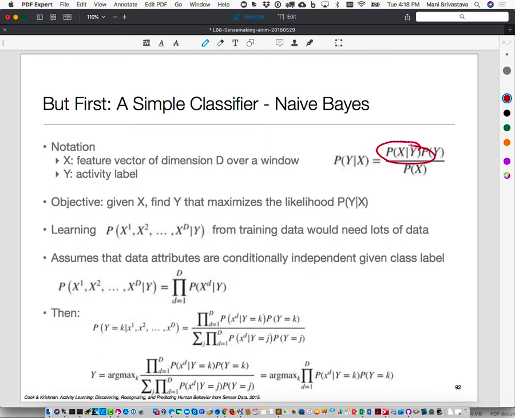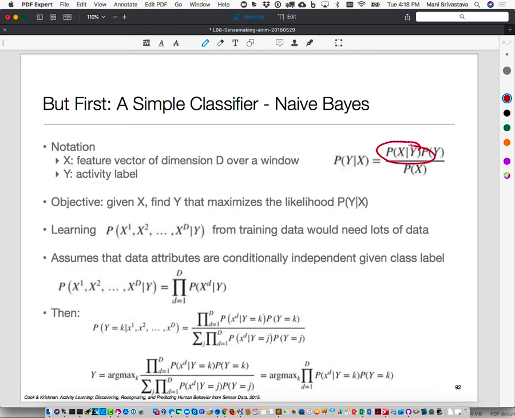So essentially, the assumption that we make is that conditioned upon Y, that is, if I know what label it is, what activity it is, then the X are independent. The various attributes are independent. This is certainly not true in real life, but were it to be true, then I can write it as a product like this, and all I have to do is estimate each of those attributes independently, which I could do much more easily.